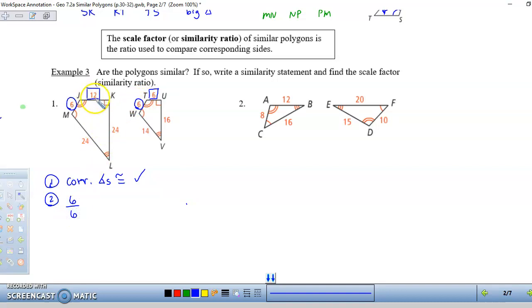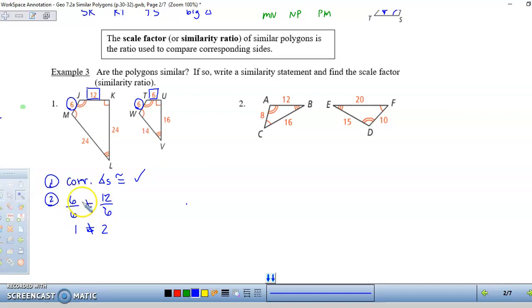And then here I have 12 corresponding with 6. And it should be fairly obvious that those are not congruent. Okay, there's a couple of ways you can tell. You can reduce the fractions: that's equal to 1, and that's equal to 2. Another way you could do it is you can cross multiply and see if the cross product is the same.